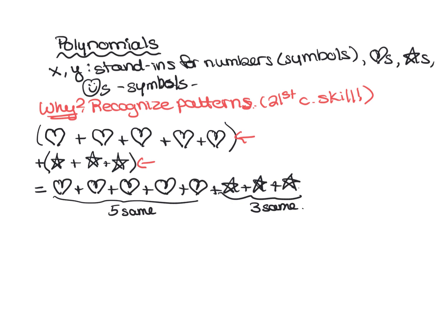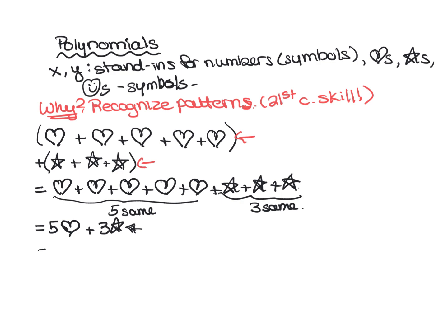We can combine them to save some space. And so we can write, we have 5 hearts plus 3 stars, and that's the shorthand way of expressing this idea. Now, we don't have to write it like this, but this is the summary way.